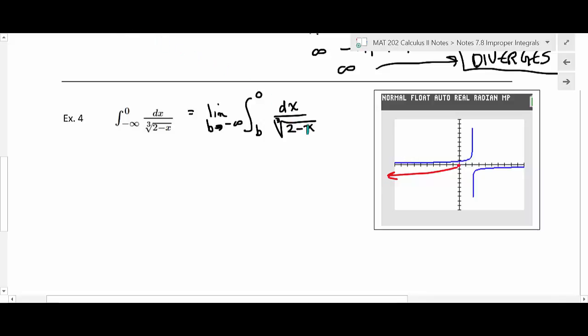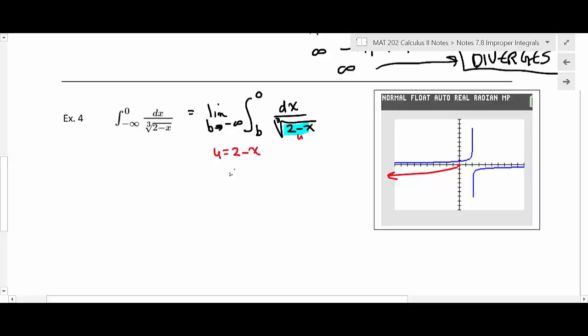So this integral right here to me looks like, what do you think, U-substitution? Probably. Okay, it's probably a U-substitution integral, because we know how to integrate something to the 1/3 power. That's the idea. So let's go ahead and get the U-substitution set up. U is equal to 2 minus x.